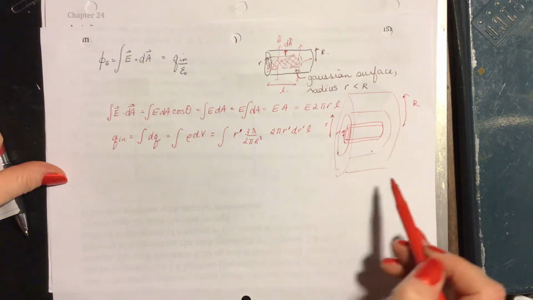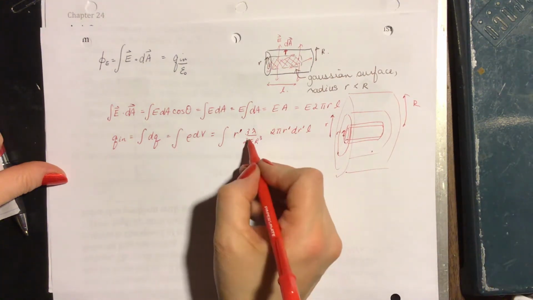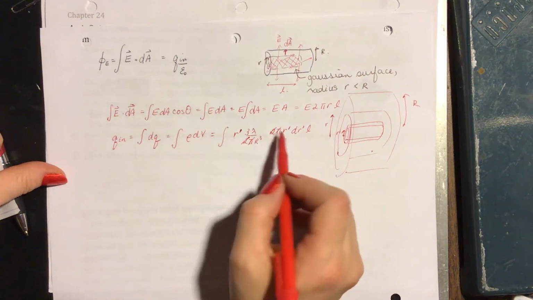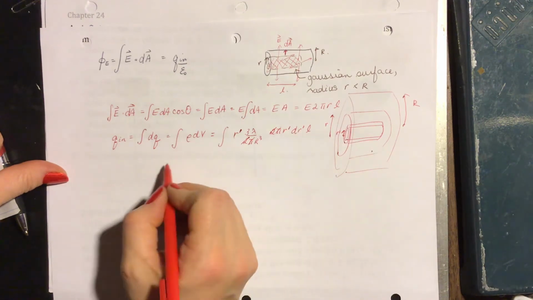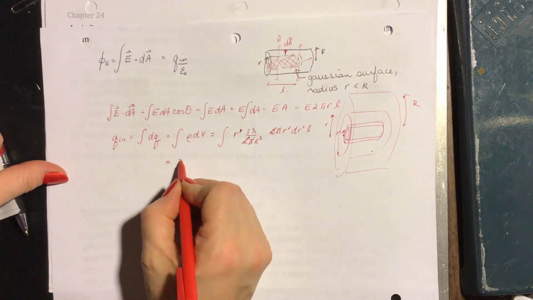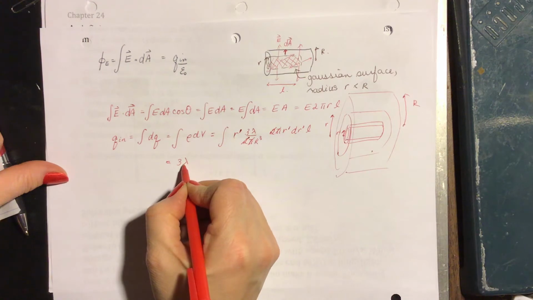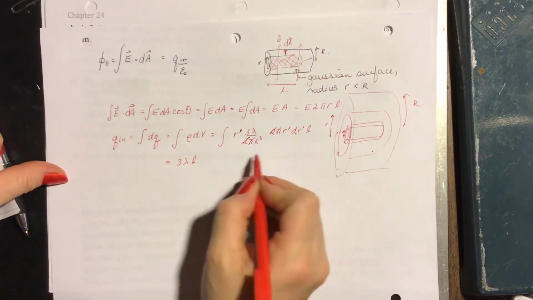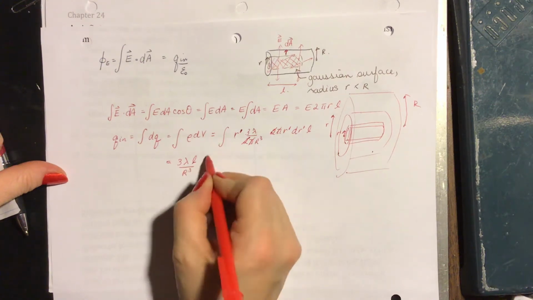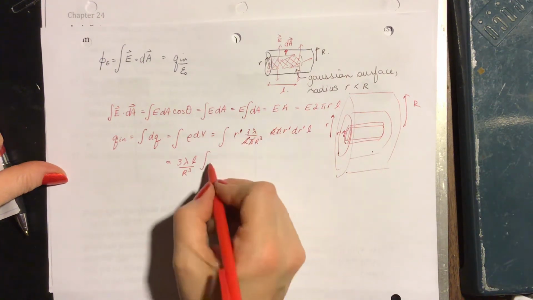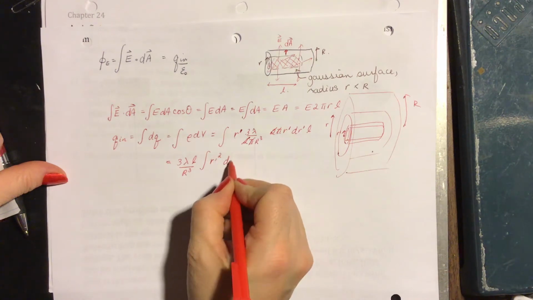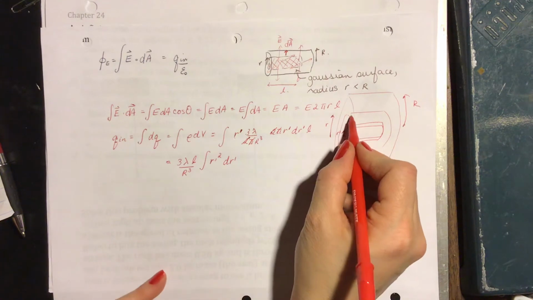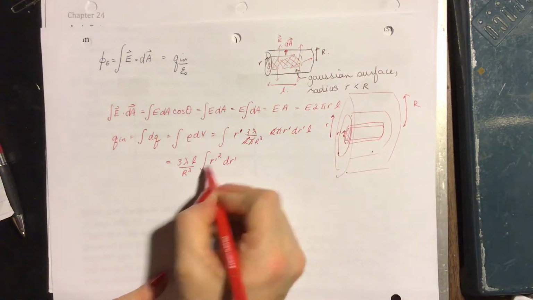Okay, let's simplify this a bit. We've got a 2 on the bottom and top, pi bottom and top, and I think that's all that cancels. Let's take our constants out front. 3 is a constant, lambda is constant, the length of the Gaussian surface is constant, and R cubed is constant. That leaves us with the integral of r primed times r primed squared, dr primed. Our limits are from the center to our Gaussian surface, because we want the charge inside the Gaussian surface, so 0 to little r.